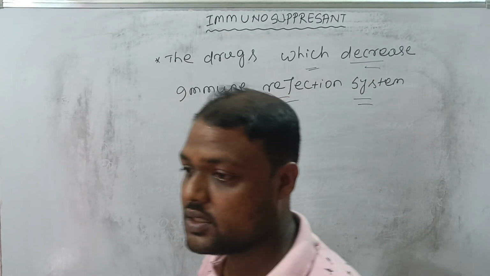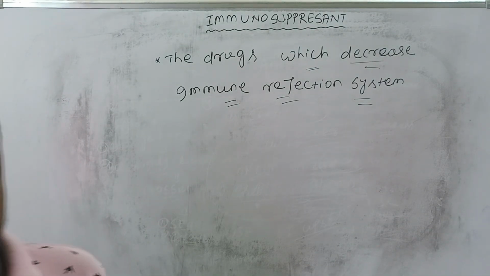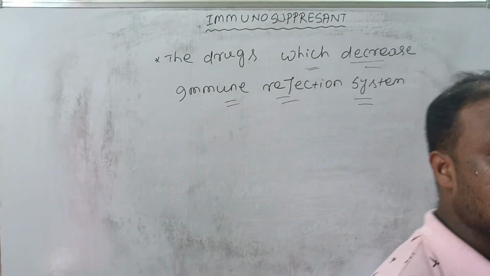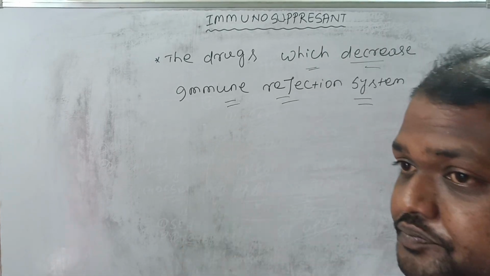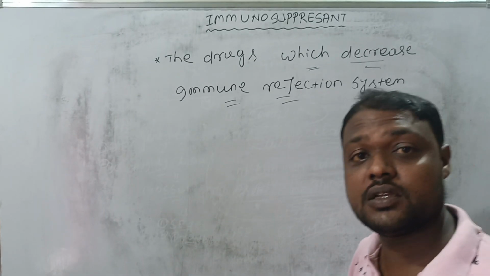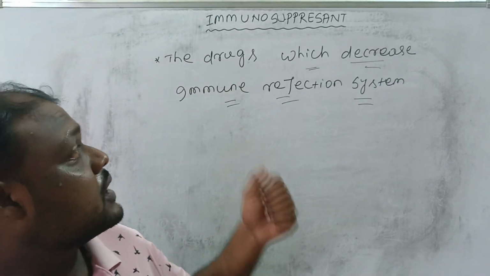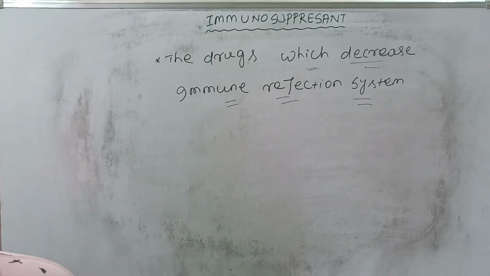Immune rejection system means if our immune power rejects the body, the drug suppresses the rejection system. So that is immunosuppression.